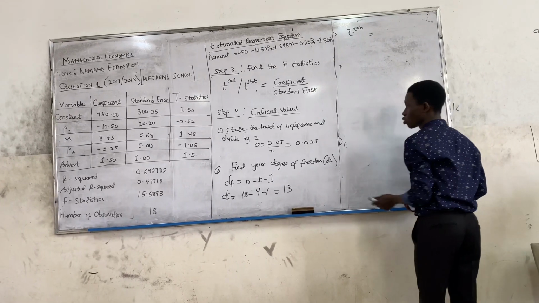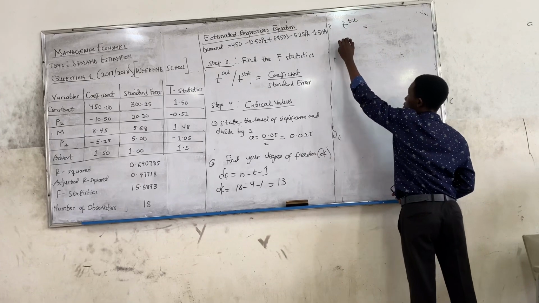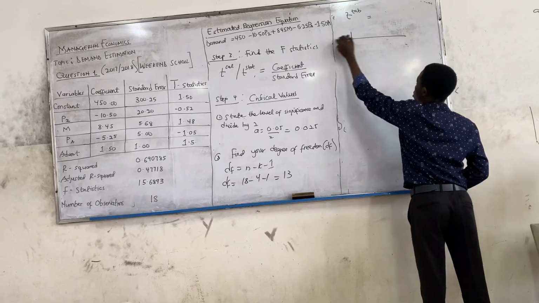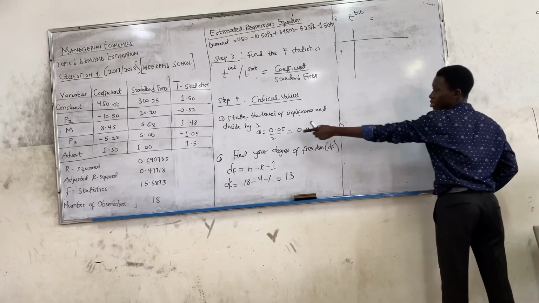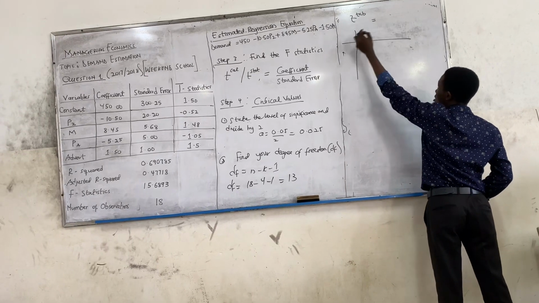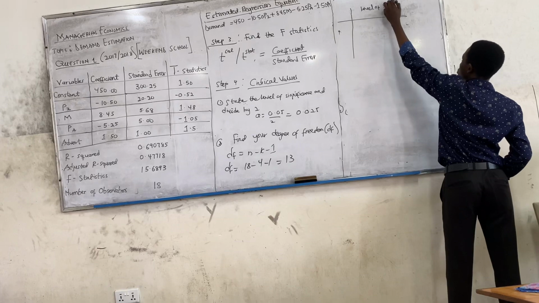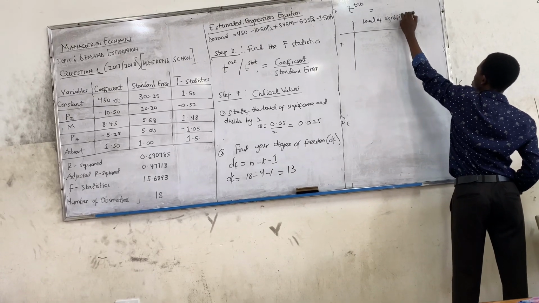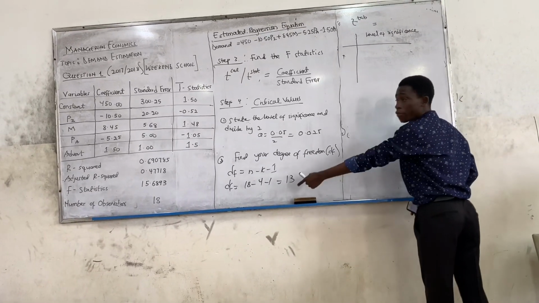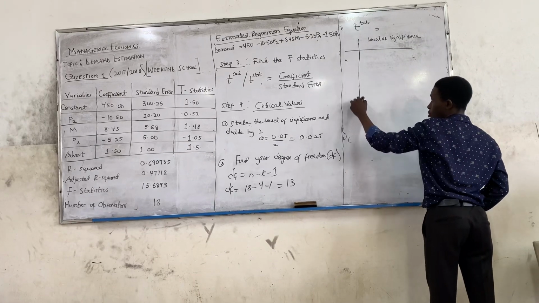So with the level of significance, we pick it. This is how the table looks. With the level of significance, we pick it on the horizontal axis. Then with the degree of freedom, we pick it on the vertical axis.